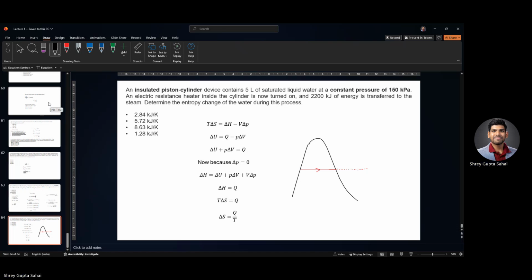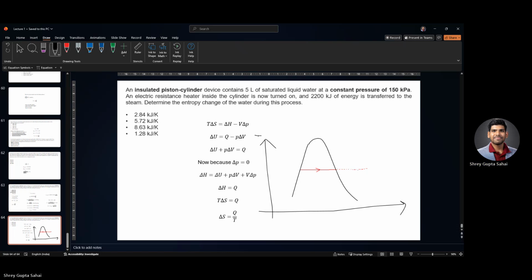Then you can apply this, because temperature is constant no matter what.